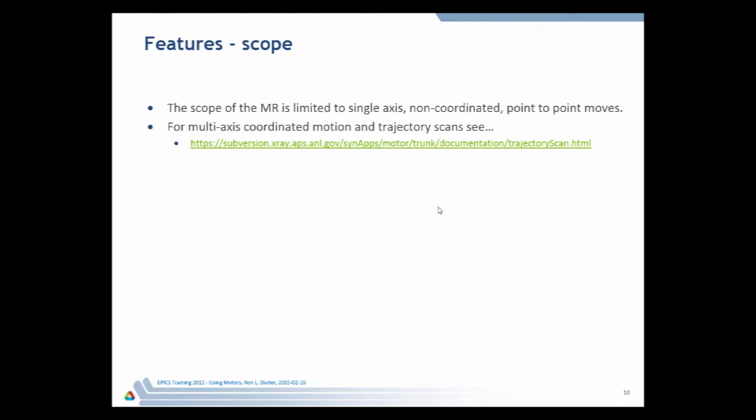So usually any sort of multi-axis or trajectory scanning talks directly to the motor controller, not the motor record. There's a link there to some documentation on multi-axis and trajectory scans.